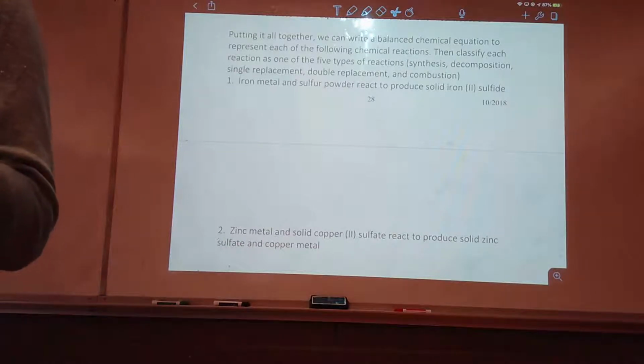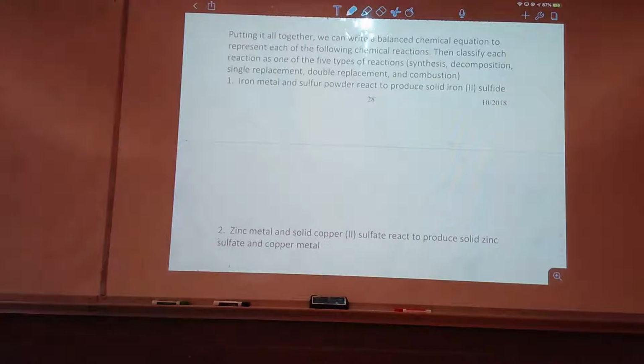What would be the chemical notation for iron metal? Fe. Yeah, very good. So Fe. And what about sulfur powder? Yeah, you can look it up on your periodic table.